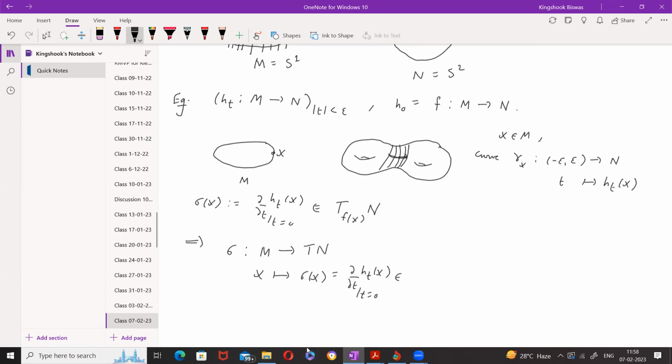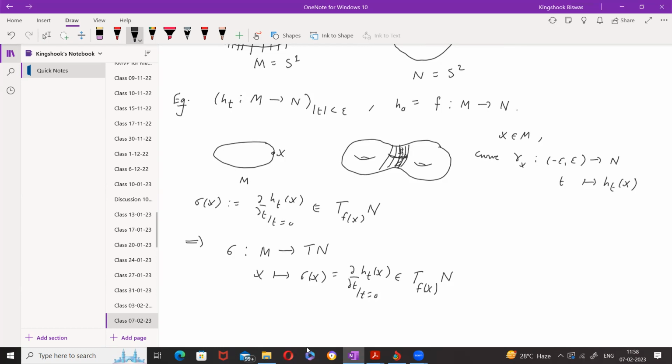This belongs to the tangent space at F(x) of N. So if this was my F here, this curve, then I'll get what's called a vector field along F. That means at each point in the domain, I'll get a tangent vector at F(x).